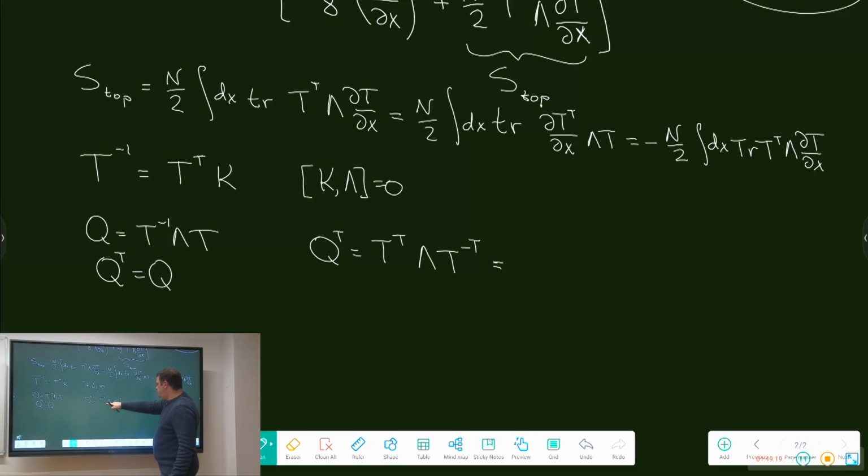So Q transposed is T transposed lambda T inverse transposed. T transposed is T inverse K inverse. T transposed is T inverse K inverse times lambda T inverse transposed times K inverse times what?